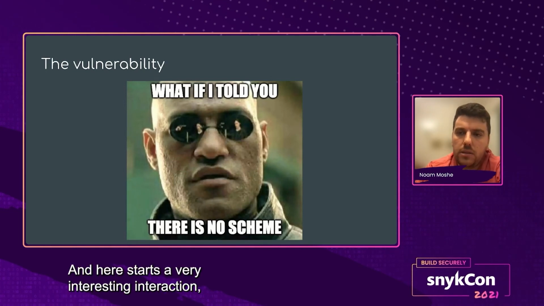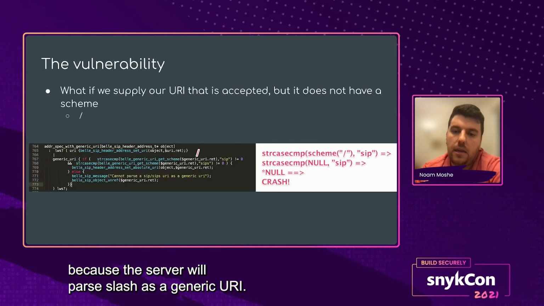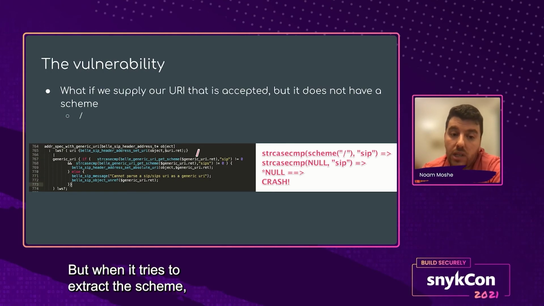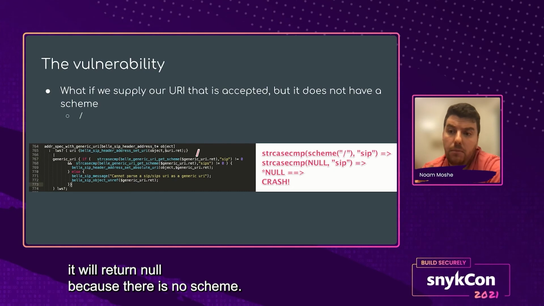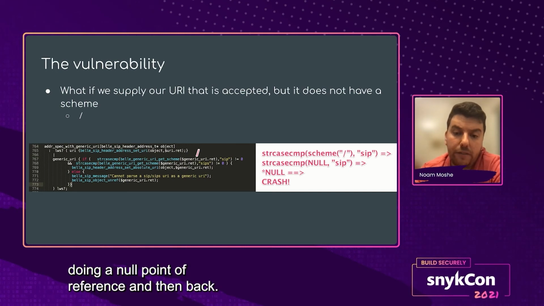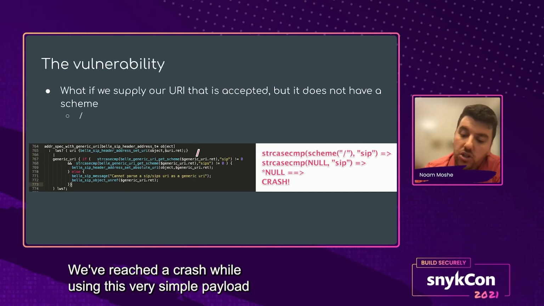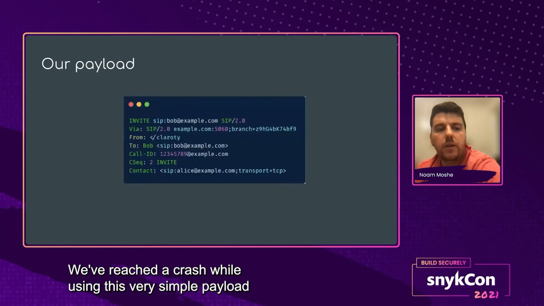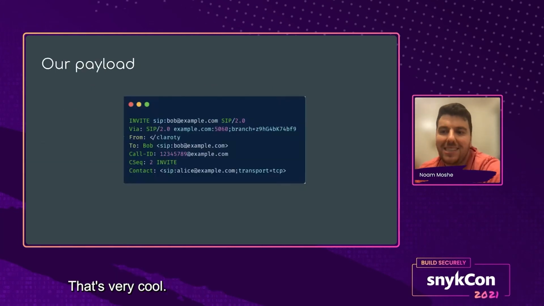And here starts a very interesting interaction, because the server will parse the slash as a generic URI, but when it tries to extract the scheme, it will return null because there is no scheme. And then it will compare it, comparing null to SIP, doing a null pointer dereference, and then bam, we've reached a crash, all using this very simple payload of a single slash.